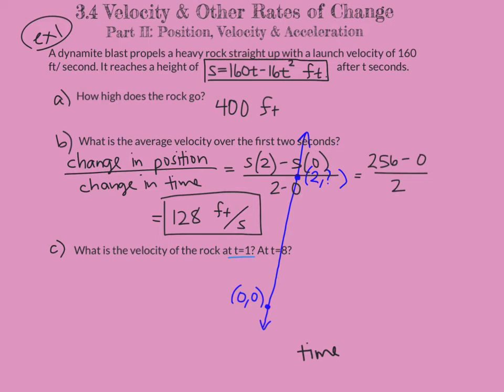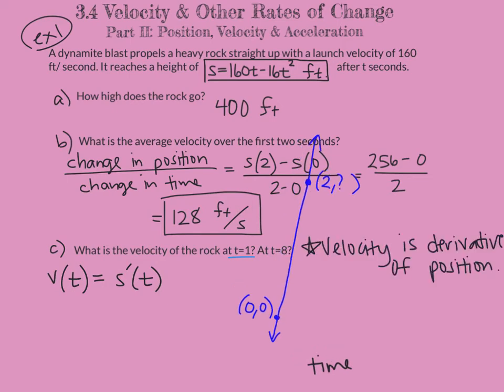So the velocity function, v of t, is the first derivative of the position function. Remember, that was the first thing we wrote down, is that velocity is the derivative of position. So in order to take the derivative of s of t, which is up here, we're going to use the power rule. The derivative of this first term is 160.